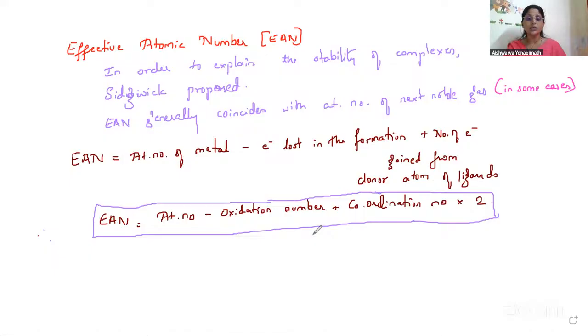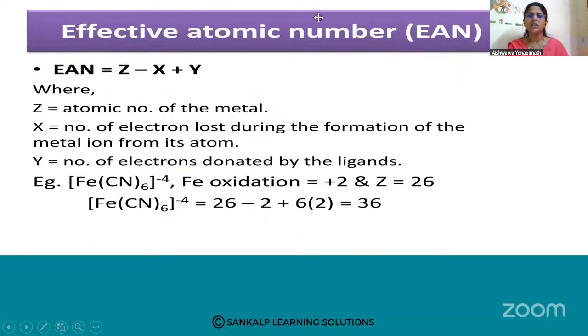We have 2 because it is an electron pair, so 2 electrons. So this is how we find effective atomic number, and we can write it as a simple expression: EAN is equal to Z minus X plus Y.